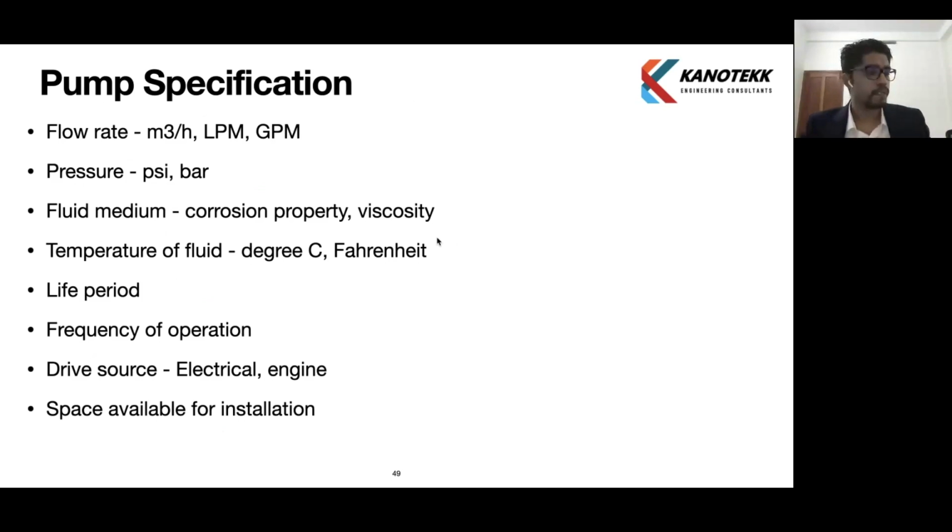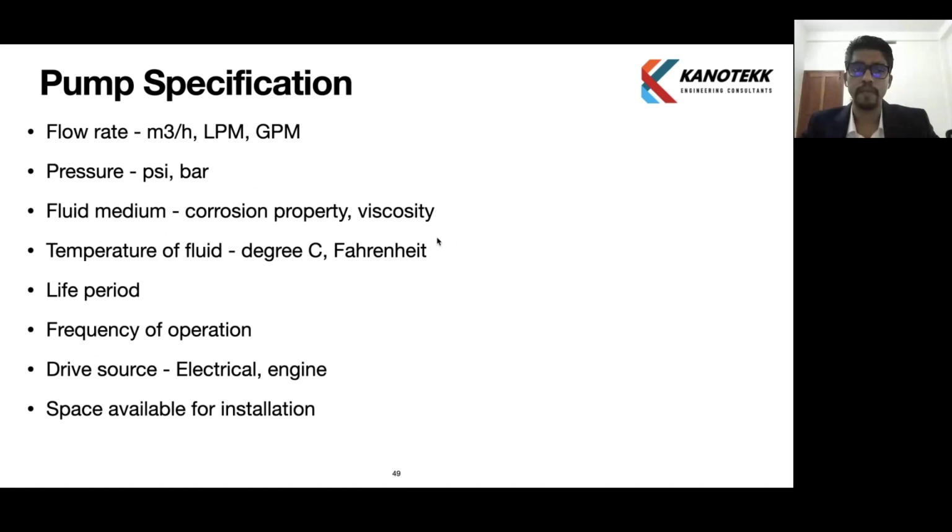Also, now we will see the pump specification. How do we specify a pump? We need to mention the flow rates, what flow rate required. Like it can be meter cube per hour, liters per minute, or gallons per minute, GPM. Similarly, there should be a pressure which should be mentioned, like PSI, pounds per square inch, or bar values.